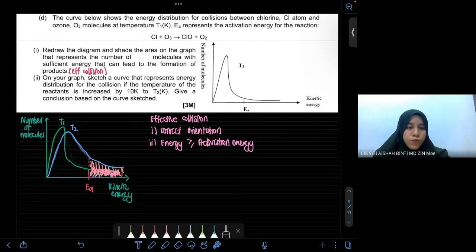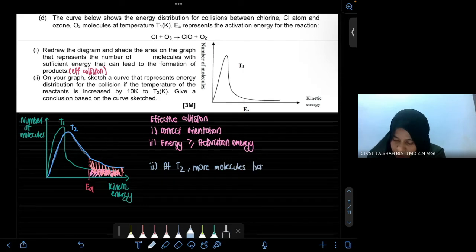Okay. So what should we write down for the conclusion? For the conclusion, for question number 2, we state that at T2, it means more molecules have kinetic energy. Actually we can see here, if we shade it, there are many more, compared to originally at T1 where there were only a few.